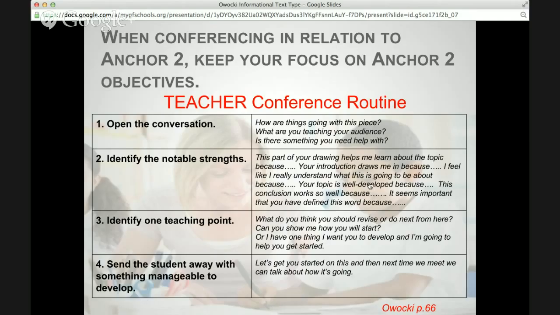What I love about this grid is that it reminds us about the language we use with children. The prompts that we use with kids matter, and the prompts and the language that we use with kids elicits a certain response. And so when I see these prompts, I think it'll help us as a district align what we're asking kids to do.